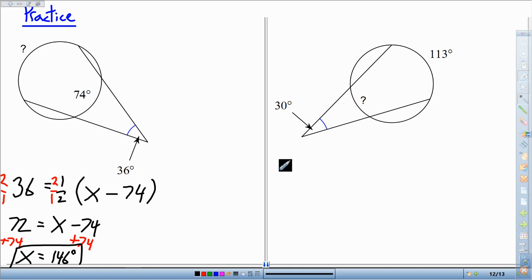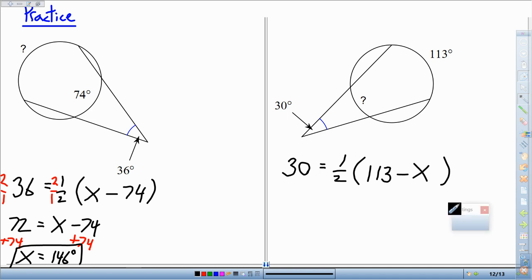Okay, last one here. So we got the angle outside equals half the measure of the two arcs subtracted. Big arc, 113, minus small arc, x. Okay, I think most of these, when you have your variable inside the parentheses, it's easiest just to get rid of the fraction by multiplying by 2 over 1. So doubling 30, I got 60. Over on the right, I got 113 minus x.